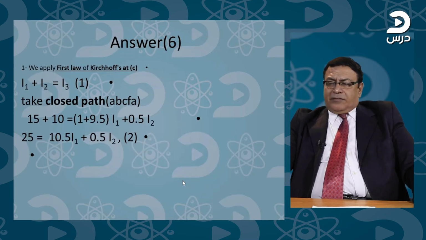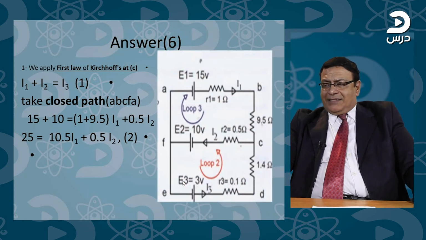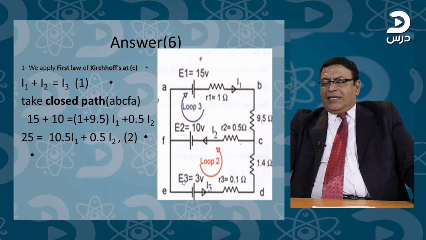And then we apply first law of Kirchhoff at C. So take closed path A, B, C, F, A. So 15 plus 10 equal 1 plus 9.5 I1 plus half I2.